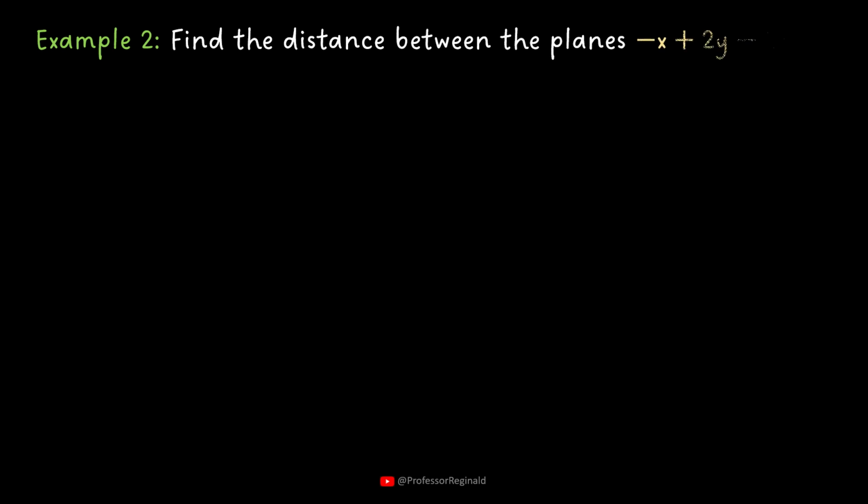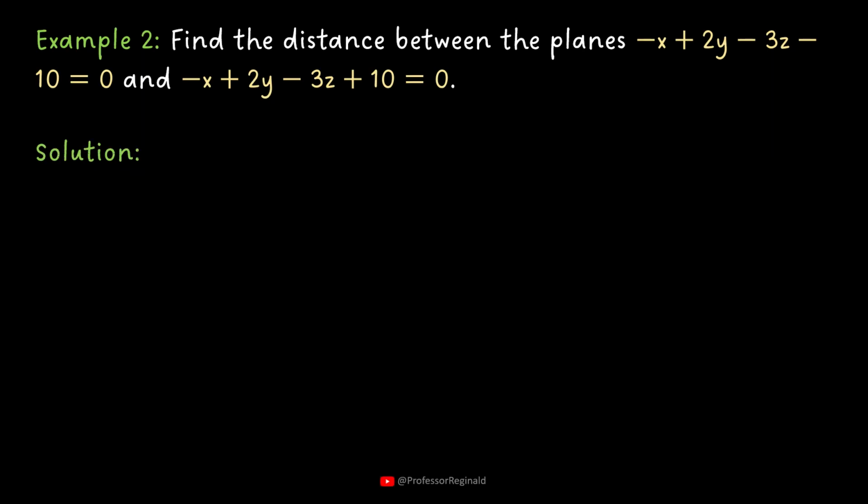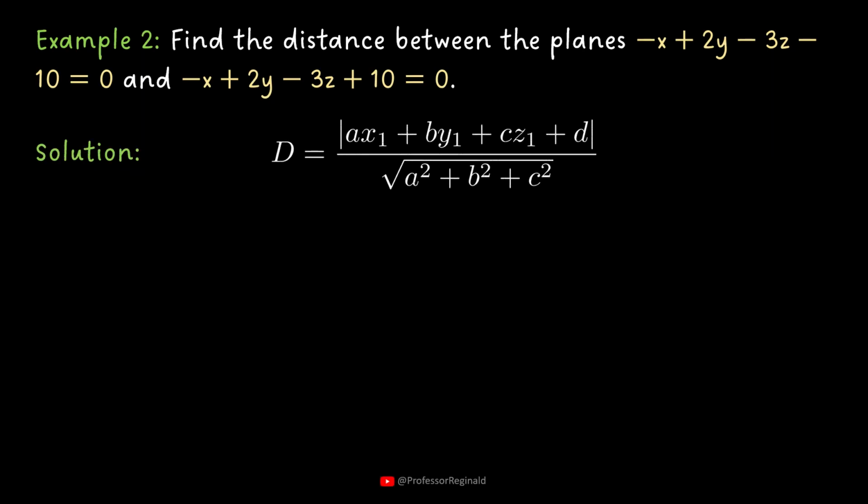Example 2. Find the distance between the planes negative x plus 2y minus 3z minus 10 equals 0 and negative x plus 2y minus 3z plus 10 equals 0. Solution. We can use the following distance formula.